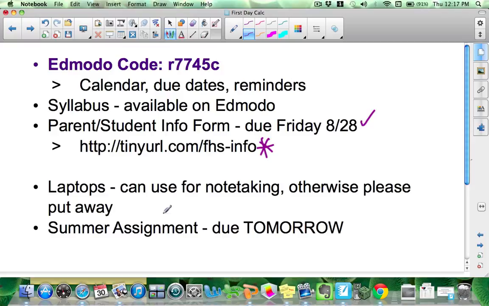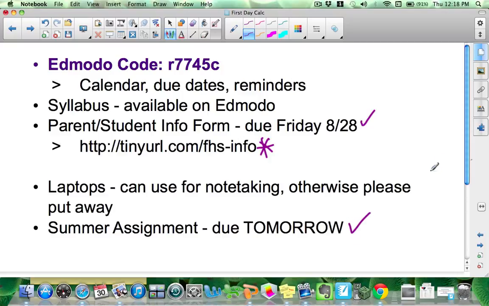You can really just do paper and pencil notes in this class, and I think that's going to be sufficient. If you really like to use the laptop for note taking, that's fine, but I actually don't think that's going to work out great for you in a math class with all of the integral symbols and things like that. So I'm actually going to ask that unless we're using them for some specific activity, just keep the laptops put away for now, and we'll use them more effectively when I return.